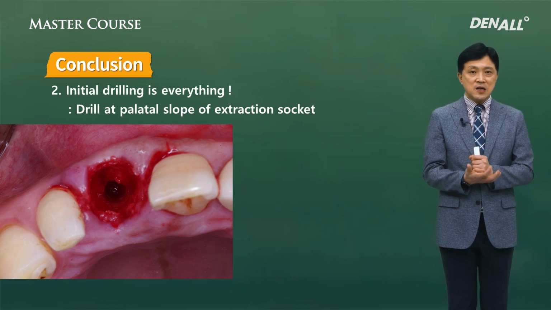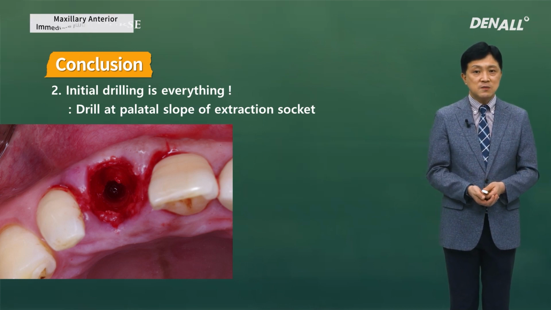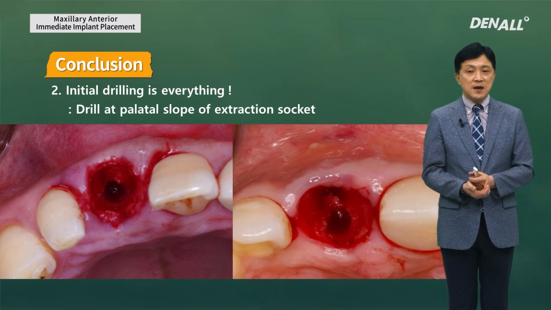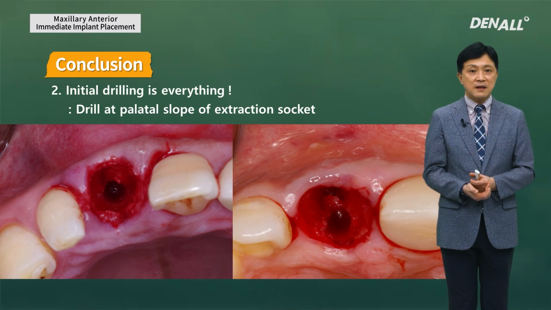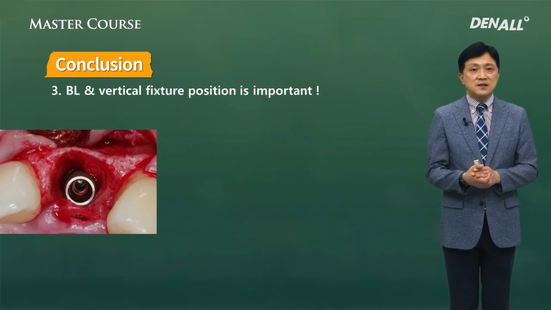You should drill at the palatal slope of the extraction socket, and at each step you need to check whether the drilling is properly done. So like this, on the palatal slope, the drill hole is created.